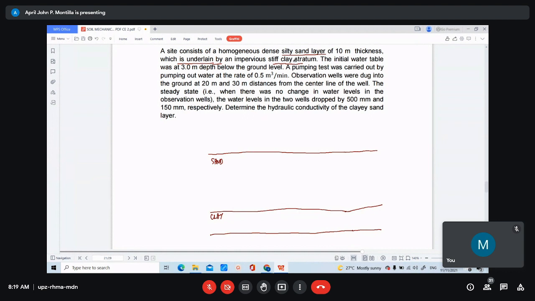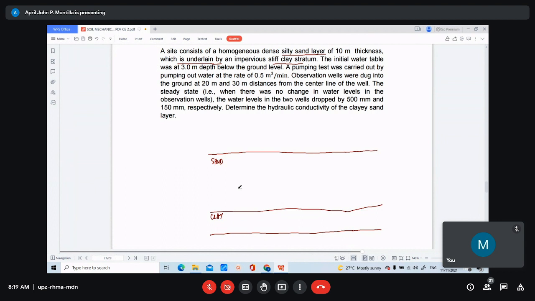Paano naman kapag sinabing silty sand layer is overlain by clay layer? Kapag ganun yung ating sentence, clay ang nasa taas, sand ang nasa ilalim. Paano kapag sinabing silty sand layer is overlain to clay layer? Ganito yung setup nun: sand ang nasa itaas, clay ang nasa ilalim.